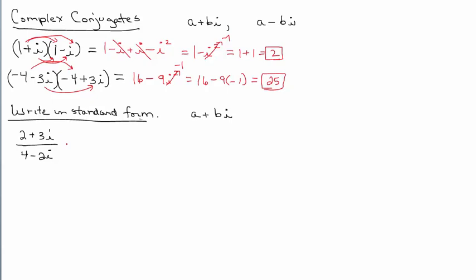Our procedure or steps in doing so would be to multiply by the complex conjugate of the denominator. So let's multiply by another fraction that includes the conjugate of the denominator. So 4 minus 2i will change to 4 plus 2i.